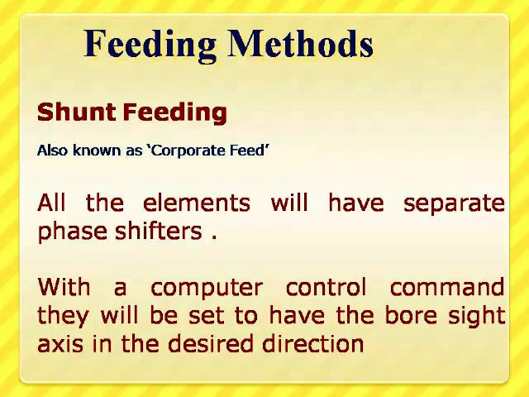And at the end of this feeding mechanism, we will have the phase shifters, and hence the phase shifters will have different values depending on the location of the element in the array. So we need to give separate command signal to each of the phase shifters, and the command signals also will be different for these phase shifters.